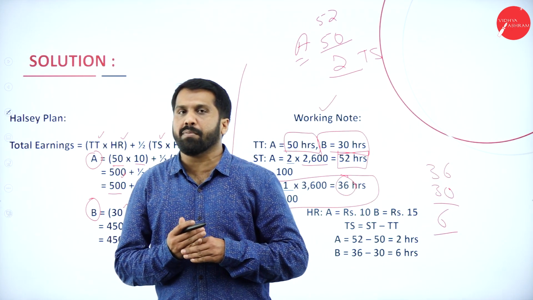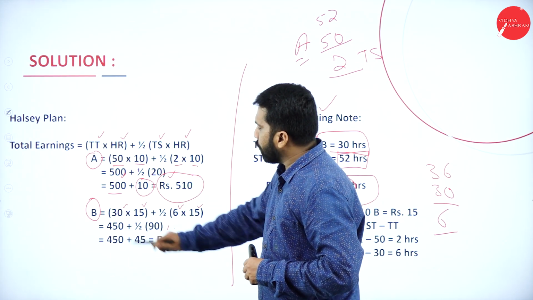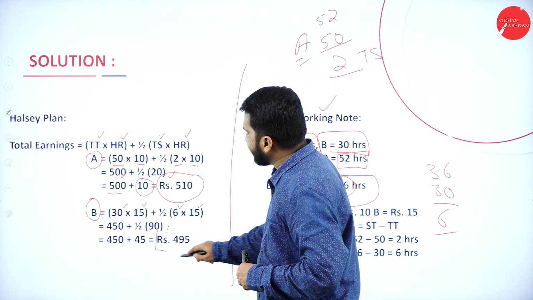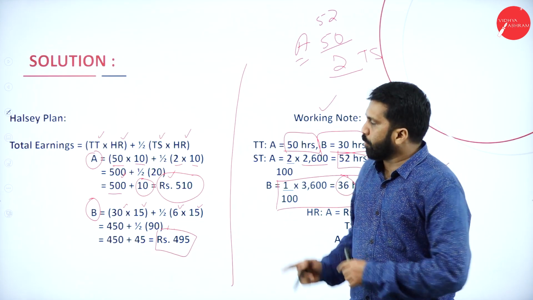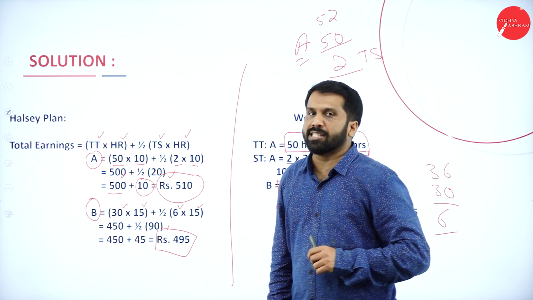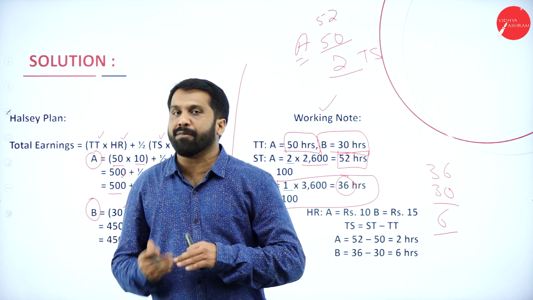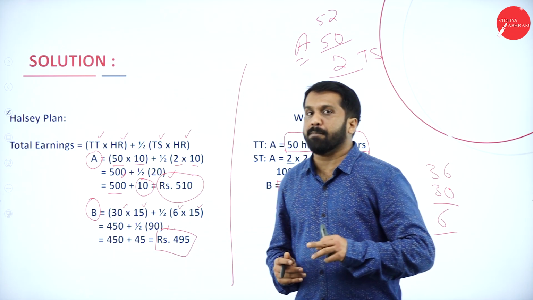Half of the 90 is 45. Now, 45 plus 450, you get 495. Hope you understood. This is what we call the Halsey plan. Under the Halsey plan, we calculated for A and for B.